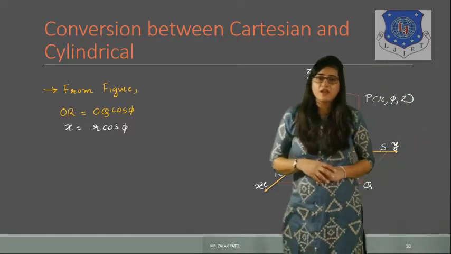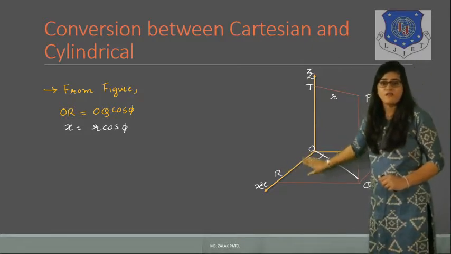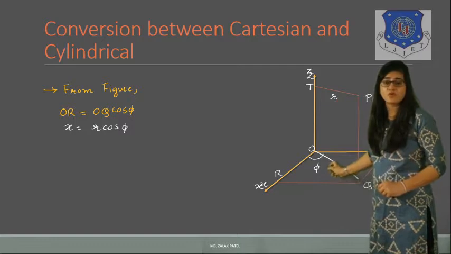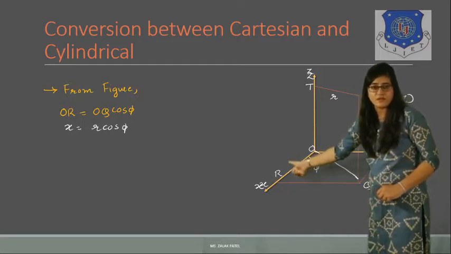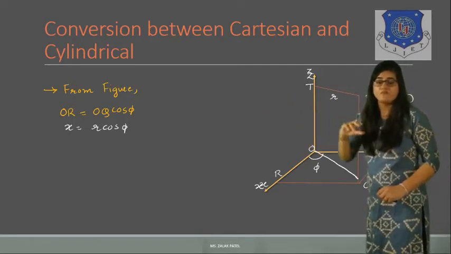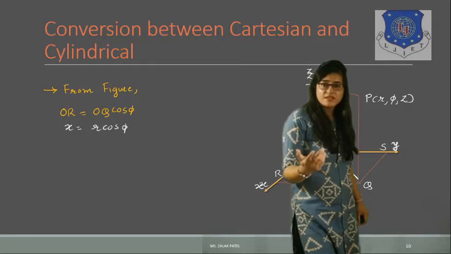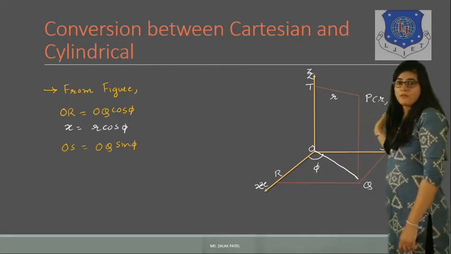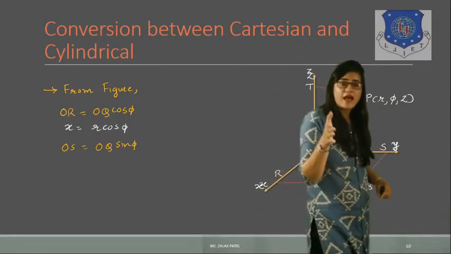Okay, so now let's start with it. From the figure we can write that OR will be OQ cos phi, and OQ is nothing but R. This OR denotes the x-axis, so we can write x equal to R cos phi, because OQ is nothing but the radius R. In the same way, OS denotes the y-axis, so OS is OQ sin phi.